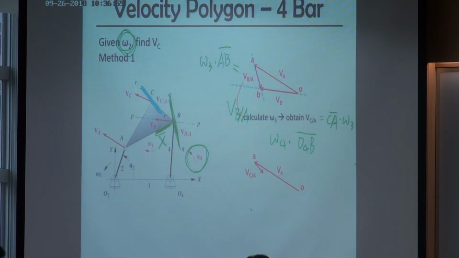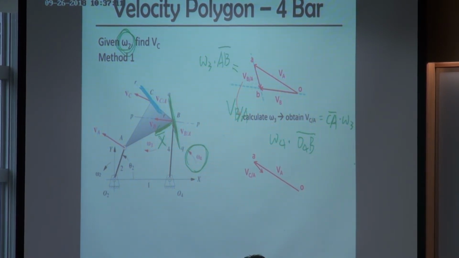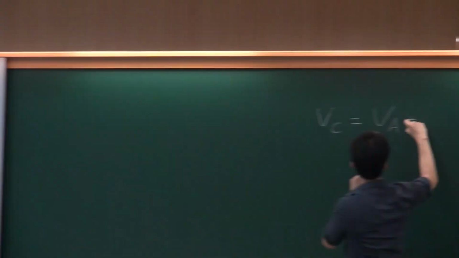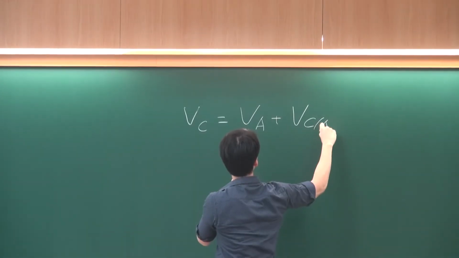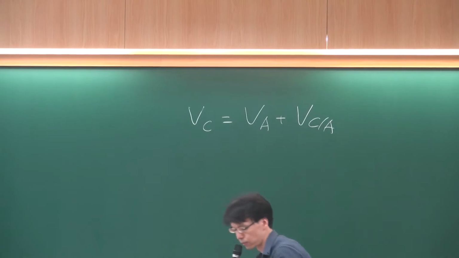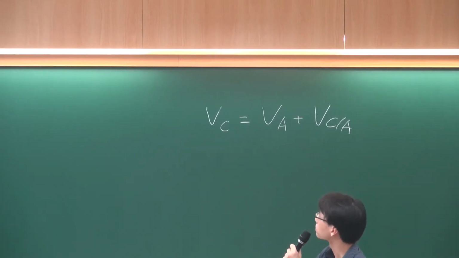So what is VCA? If we know VCA, VCA can be written as... we can simply use the relationship to find VC.